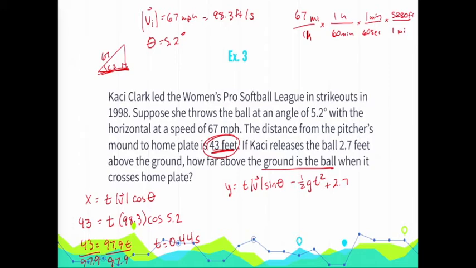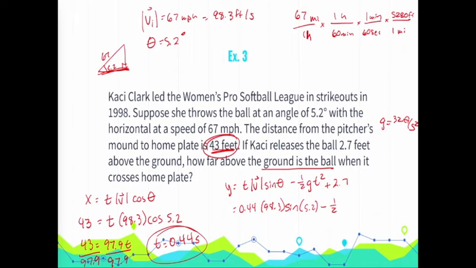So adding 2.7 at the end. And we're going to use the t that we found in the first part. So this is 0.44 times 98.3 times sine of 5.2 minus 1/2. Our acceleration due to gravity, g, is 32 feet per second squared.